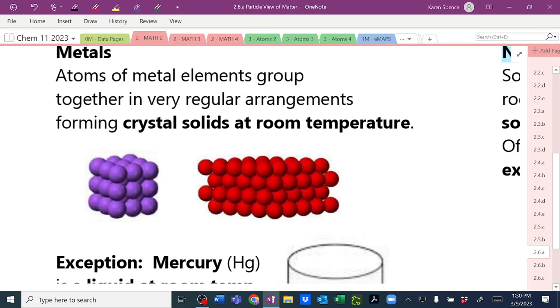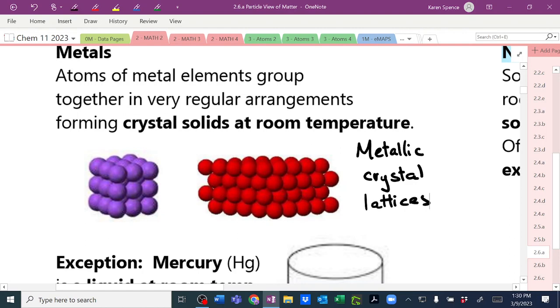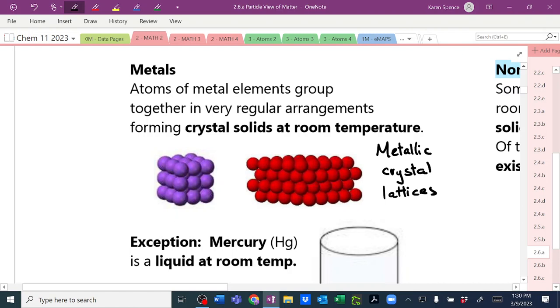It is a metallic crystal lattice. And basically what happens is you just have all of the atoms sitting right beside each other, and they are stuck together by some bonds called metallic bonds, which we will not talk about for a long time, but you can just believe me.